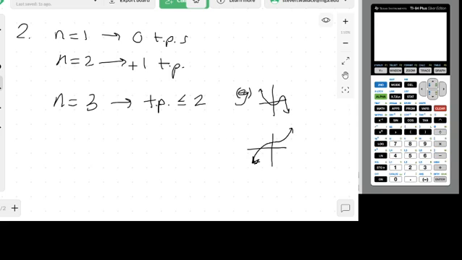So there's a theorem that says that if you have an odd degree, the number of turning points that you could have, or the number of local max or min, is at most one less than that degree, but then it has to be an even number less than that if it is less. So for instance, if n is 3, you can have either 2 or 0, but you can't have one turning point if the degree is 3.